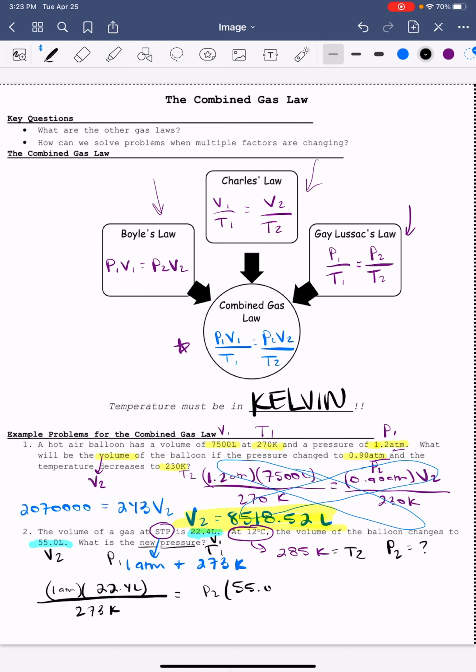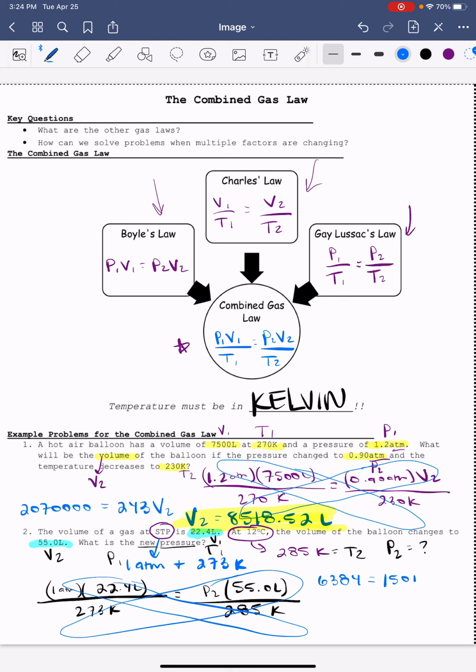55 liters over 285 Kelvin. Again, I can use cross multiplication, so that's going to give me 285 times 22.4, 6384 equals 55 times 273 is 15015, and then times P2.